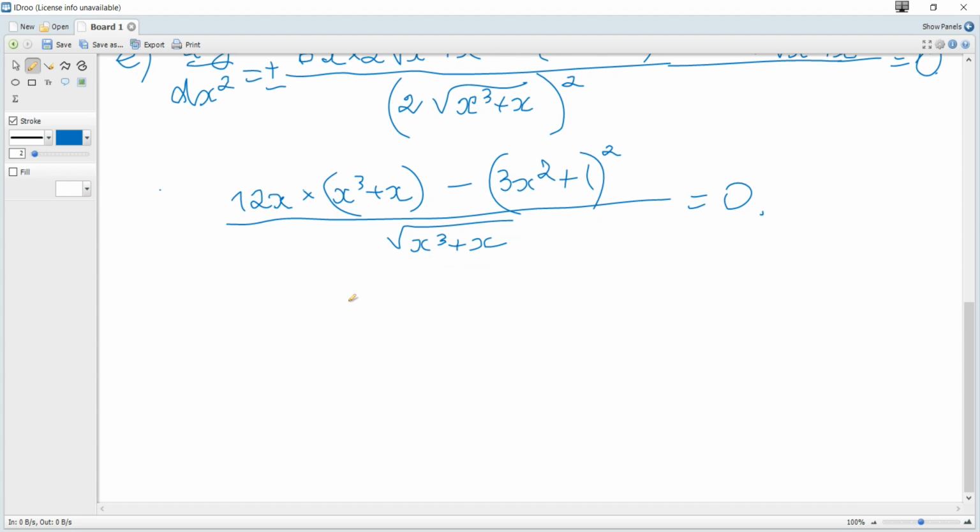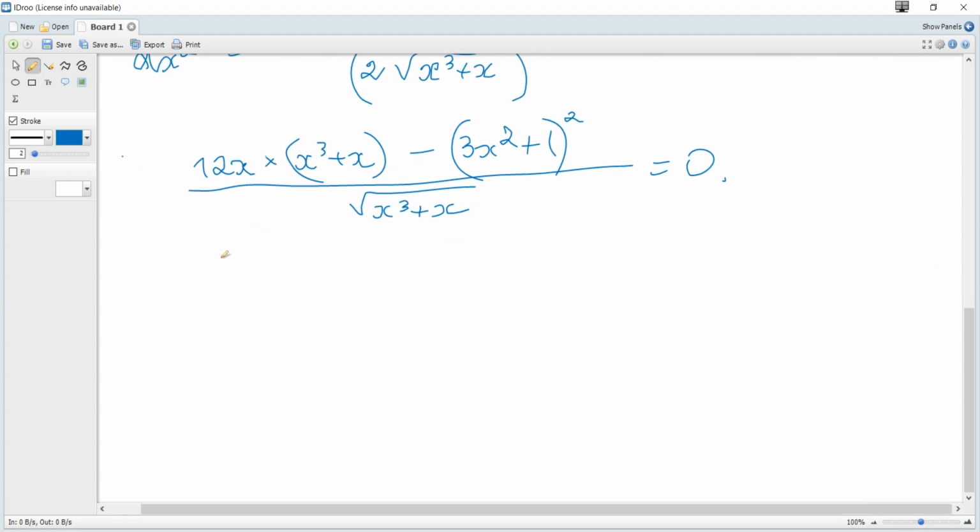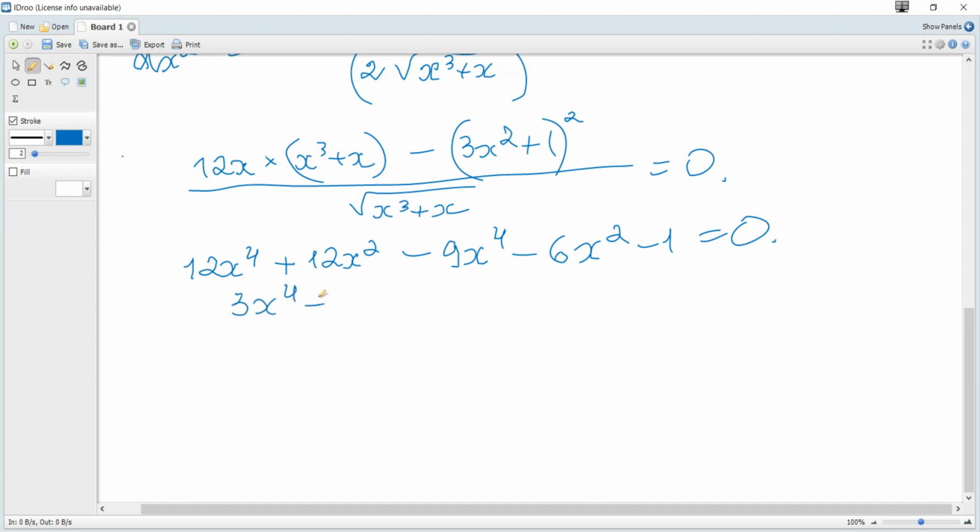And again, a fraction is equal to 0 when the numerator is equal to 0, so it becomes 12x to the power of 4 plus 12x squared minus 9x to the power of 4 minus 6x squared minus 1 is equal to 0. And it becomes 3x to the power of 4 plus 6x squared minus 1 is equal to 0.